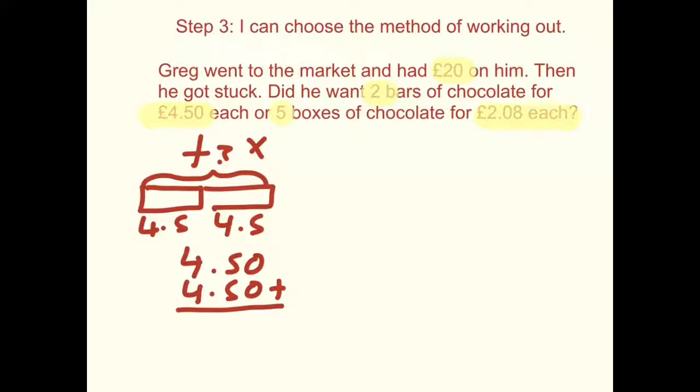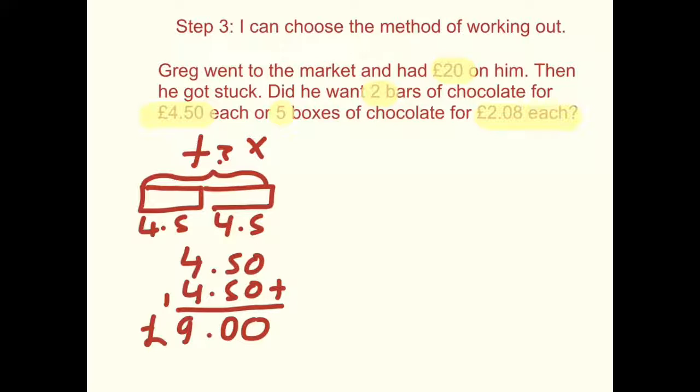Okay, so let's add the hundredths first, so 0, 0, 0. 5 tenths and 5 tenths is 10 tenths, we'll carry the extra 1 unit. Then we've got 4, and 4 is 8, and that extra 1 is 9. So straight away, we know 2 bars of chocolate is going to cost Greg £9. And let me tell you, that's a very expensive bar of chocolate.